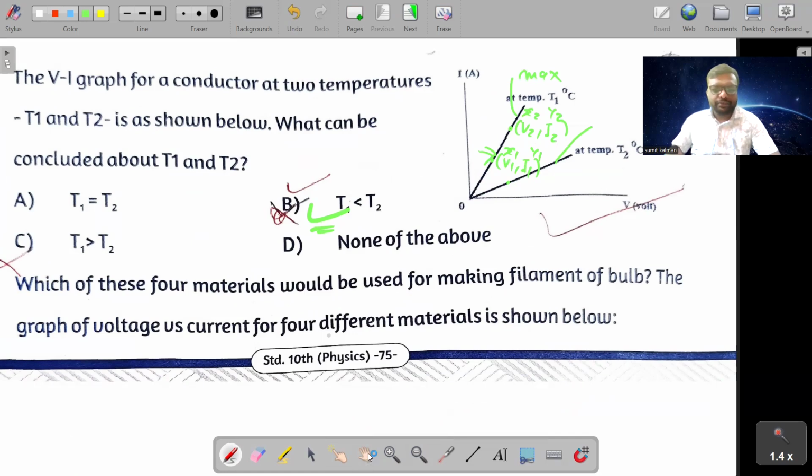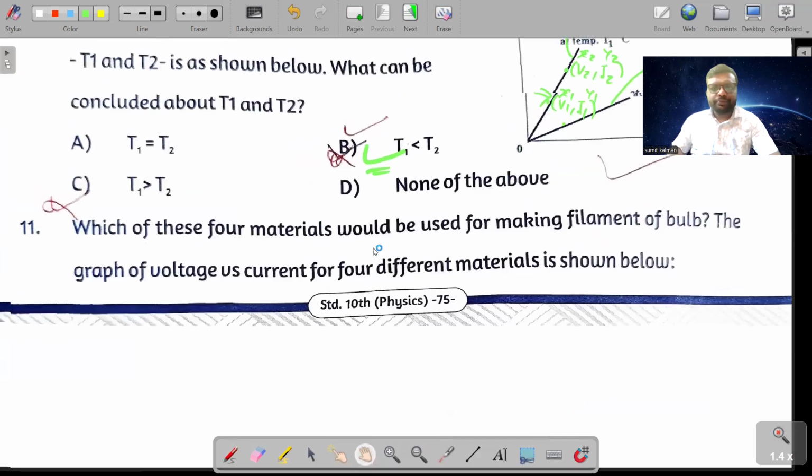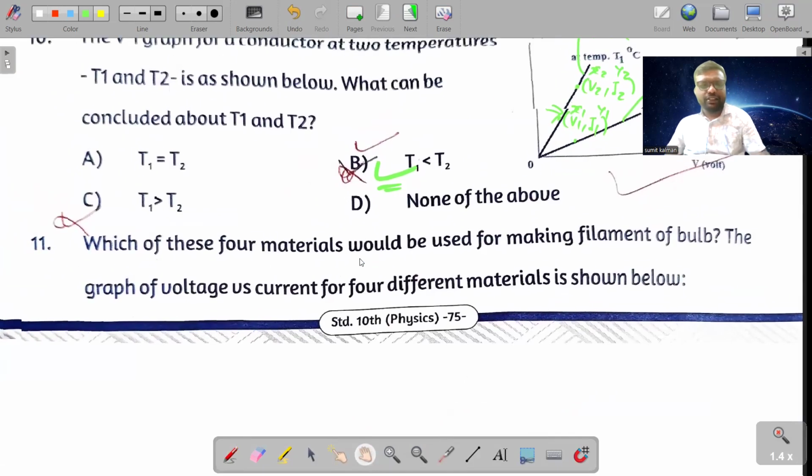Now next. Now students, in the next problem: which of these four materials would be used for making the filament of a bulb? The graph of voltage versus current for four different materials is shown below.